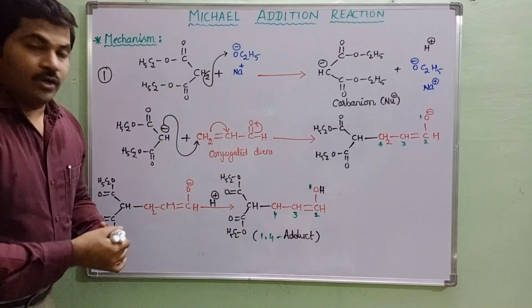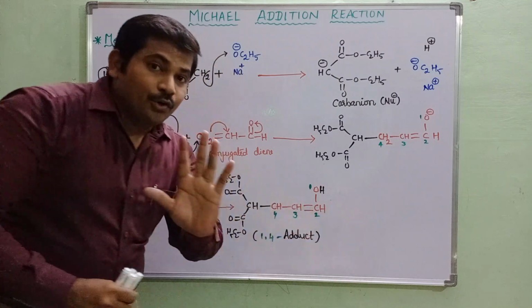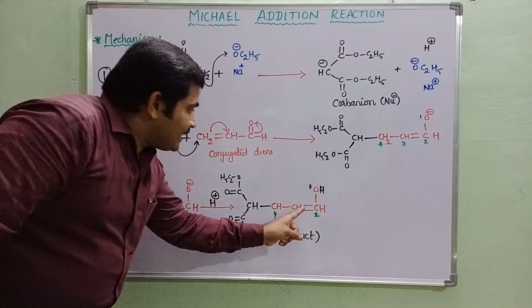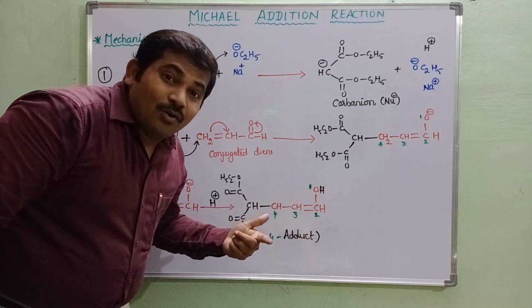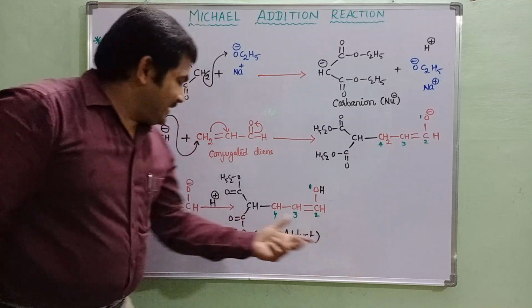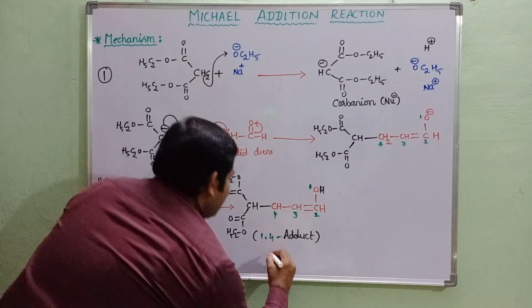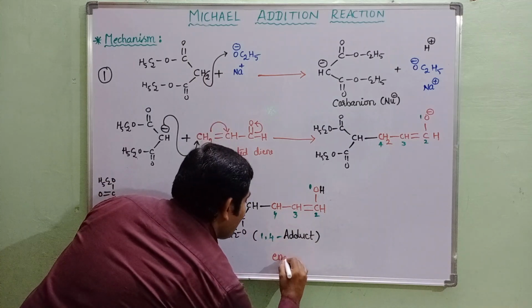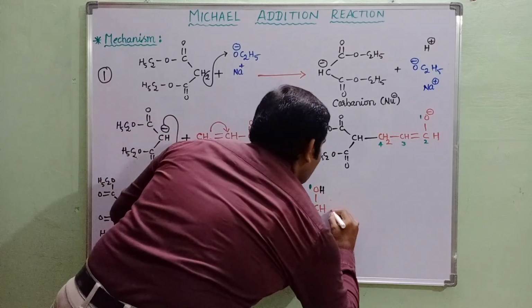Now you may get one doubt, sir. Till now we did not get any particular product. You know very well about the isomerization. It is an enol. Enol undergoes tautomerization to yield the ketone form. It is an enol. The enol form undergoes tautomerization.